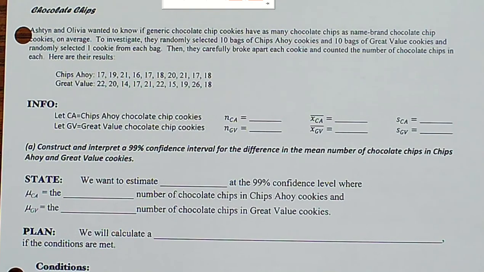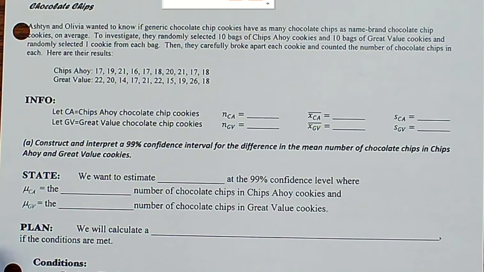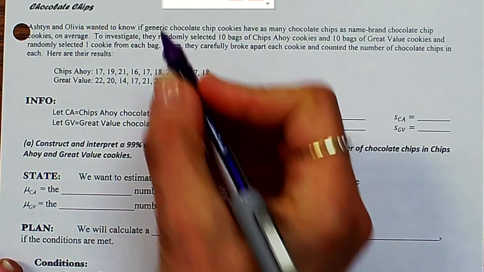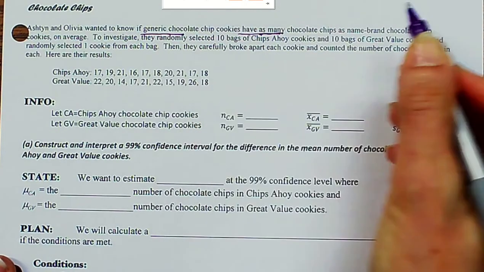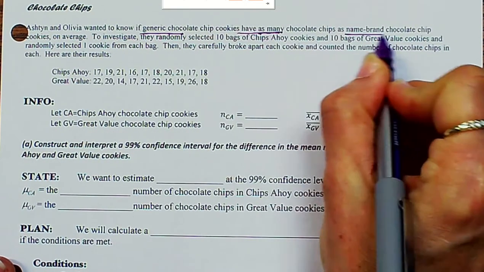This says that Ashton and Olivia want to know if generic chocolate chips have as many chocolate chips as name brands. So do generic have as many chocolate chips as name brands?